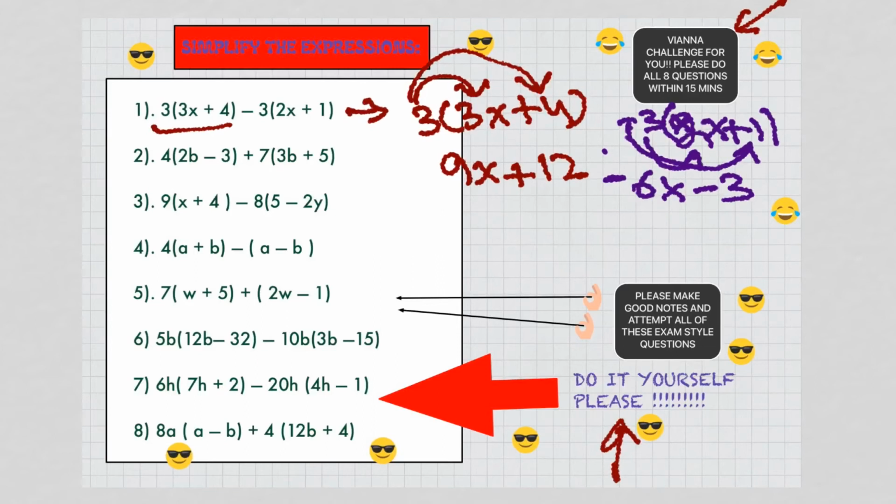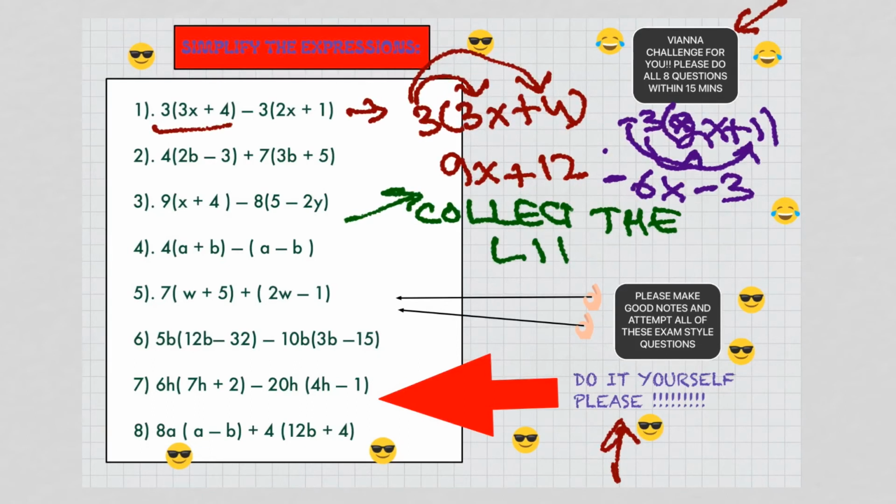After that, what do you do in solving the expression? What you're gonna do after this is collect the like terms. Please remember this step. After that, that's not the end of the question. We've got to collect the like terms.